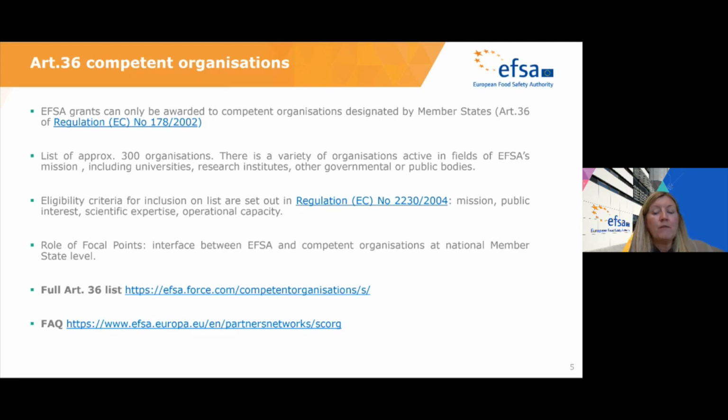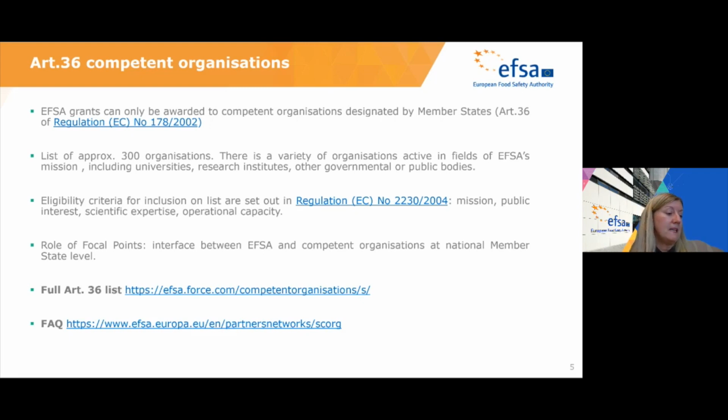Now, there are a variety of organisations active in the fields of EFSA's mission, and these would include universities, research institutes, governmental organisations or other public bodies. Now, there are some strict eligibility criteria for inclusion on the list, and these are set out in Regulation 2230 of 2004.